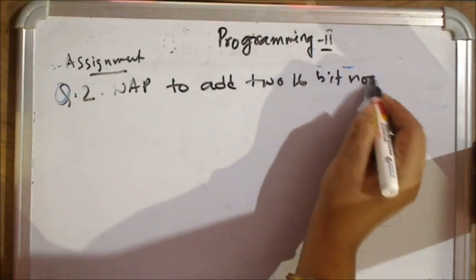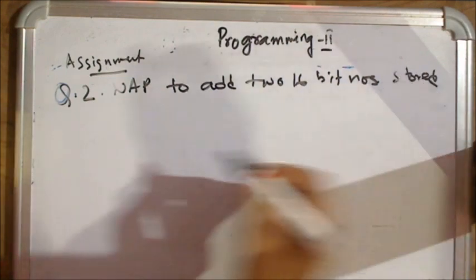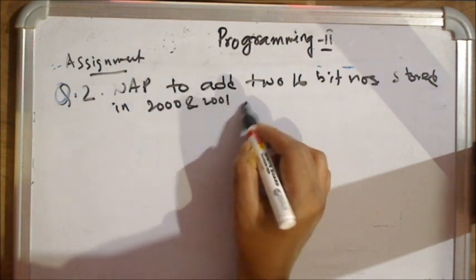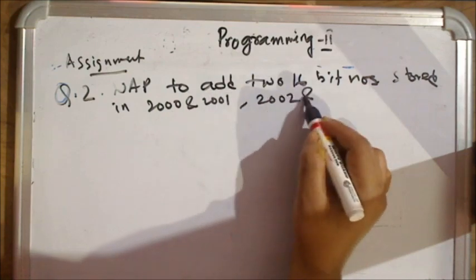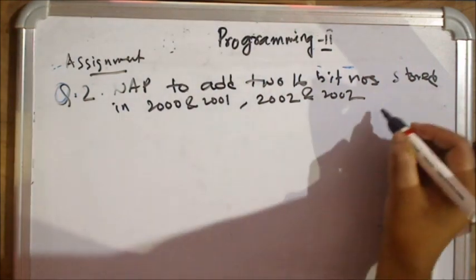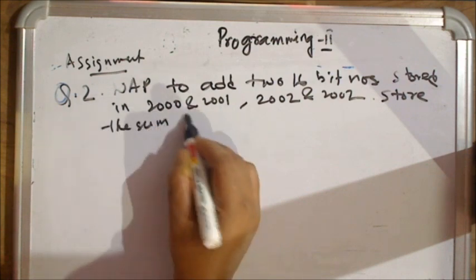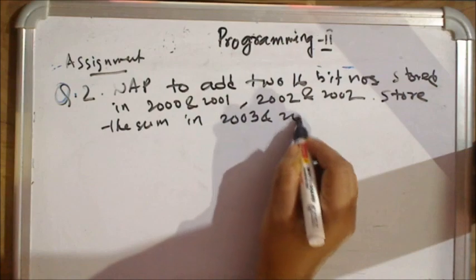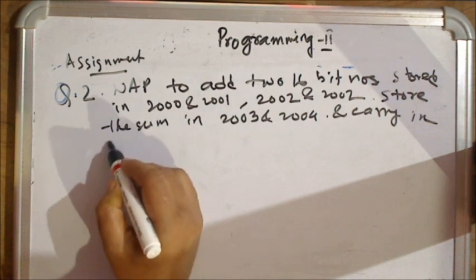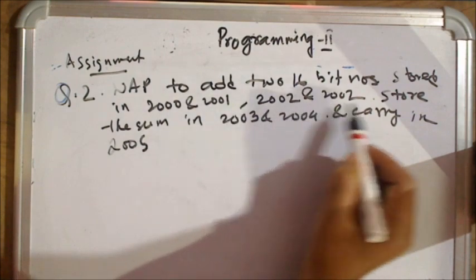The first number is stored in memory locations 2000 and 2001, and the second number is stored in 2002 and 2003.